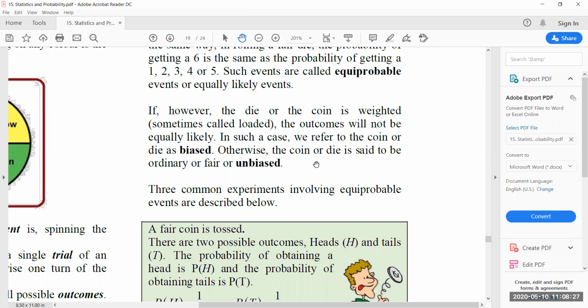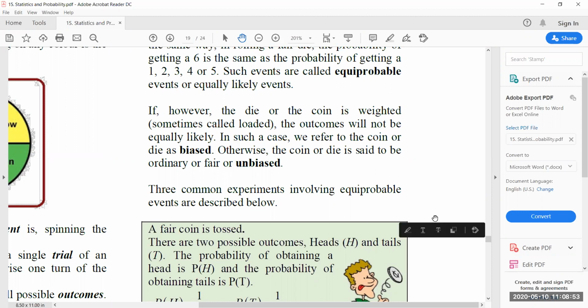So if you use a regular die, which is called a fair die, or a normal coin, it's called unbiased. You can call it fair, ordinary, or whatever. If, however, you do something to the die to manipulate it to get a desired outcome, it is referred to as biased, okay? And it's not fair, it's unfair. You will not get a fair chance of getting a particular number.